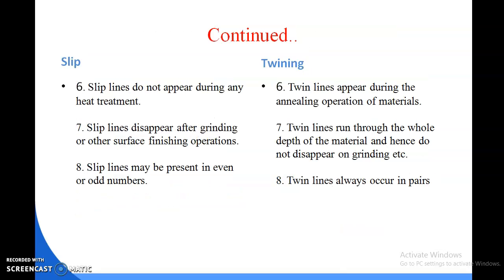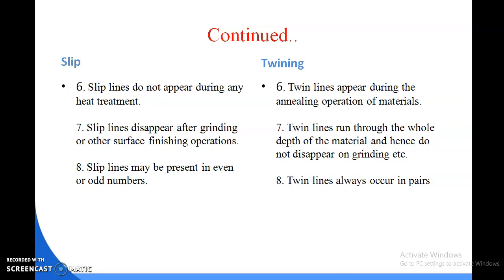Continuing the differences, slip lines do not appear during any heat treatment, but in the twinning defect, twin lines appear during the annealing operation of a material. The slip lines disappear after grinding or other surface finishing operations.